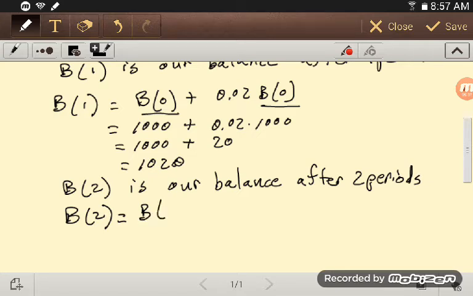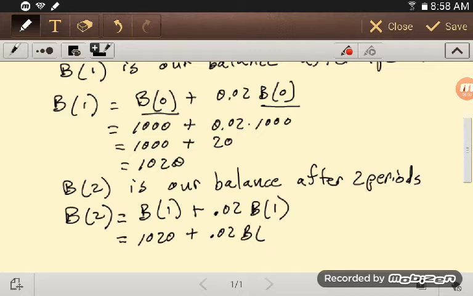So this is B of 1 plus 0.02 times B of 1, our balance at the end of period 1. And so this is $1,020 plus 0.02 times that 1,020. So that's 1,020 plus 2% of 1,020.